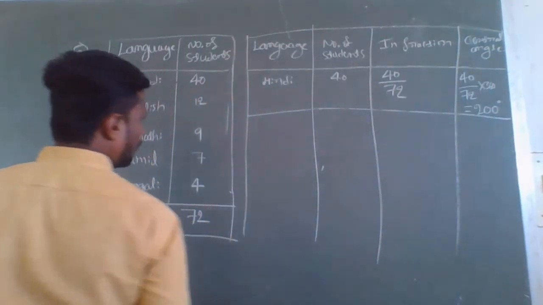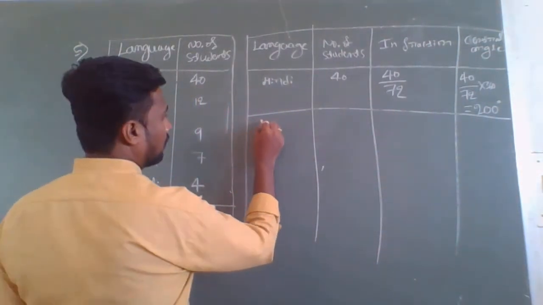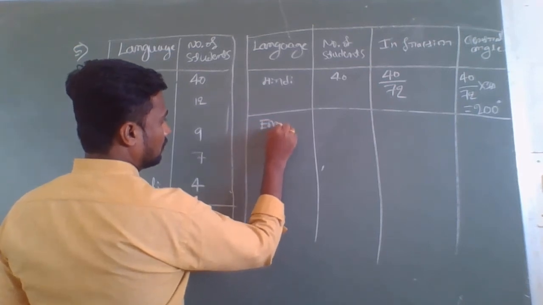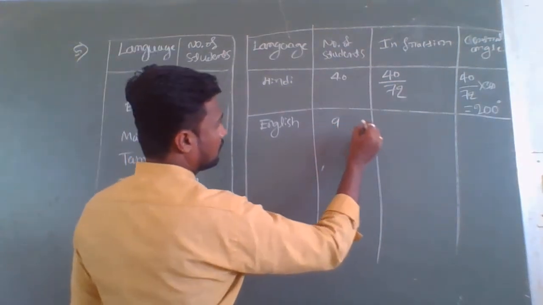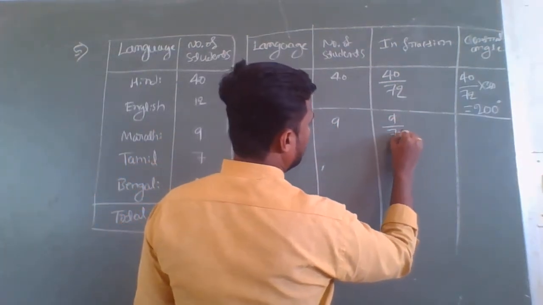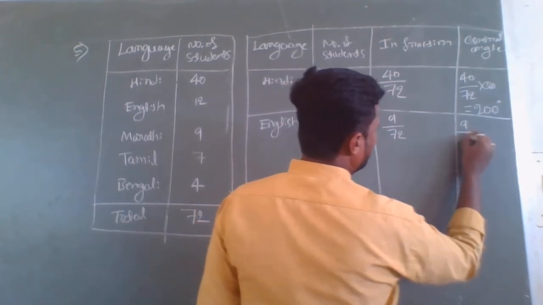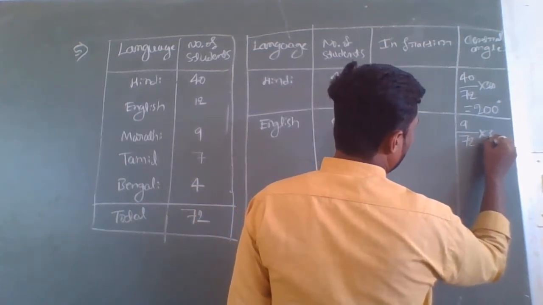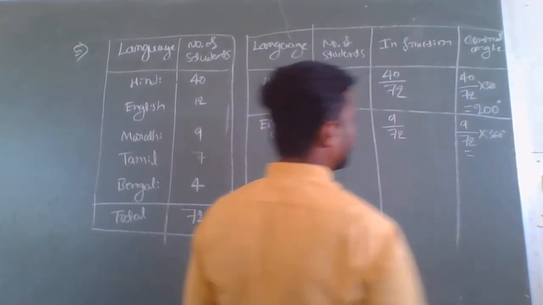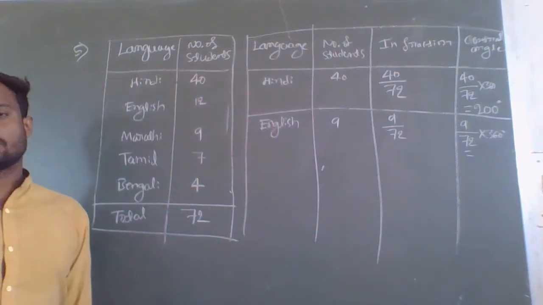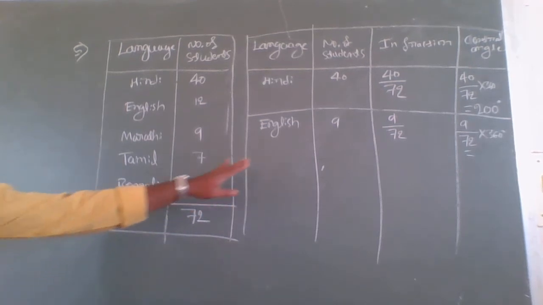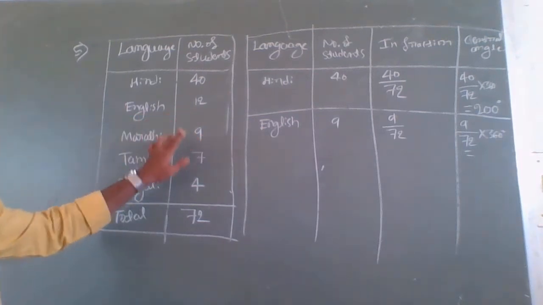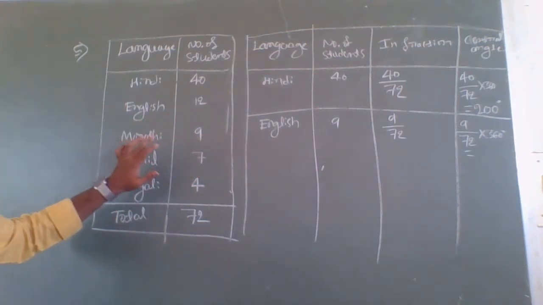It is the central angle. Next, English. Sorry, for English it is 12; 9 is for Marathi.